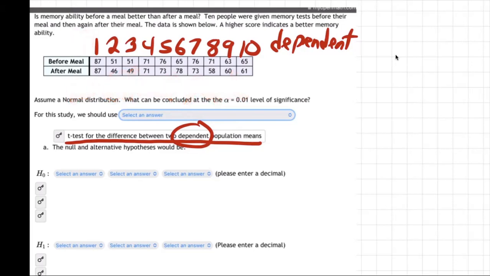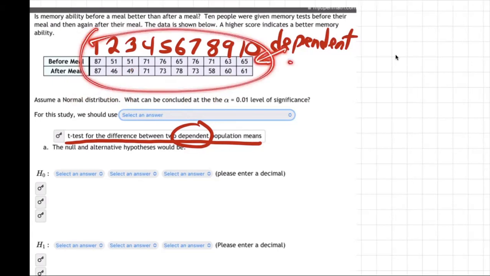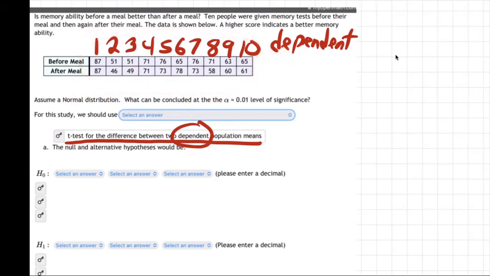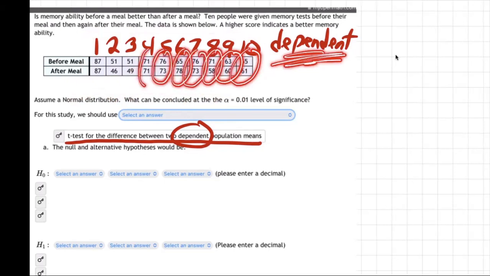Whereas if you have the very same 10 people taking the test twice, once before the meal, once after, if they did better before the meal, then you're like, well, those are the same people. So maybe the meal did make a difference. So it's a better study, and it's called a dependent study because these numbers are dependent on one another, connected, they're related, they're the same person before and after the meal.